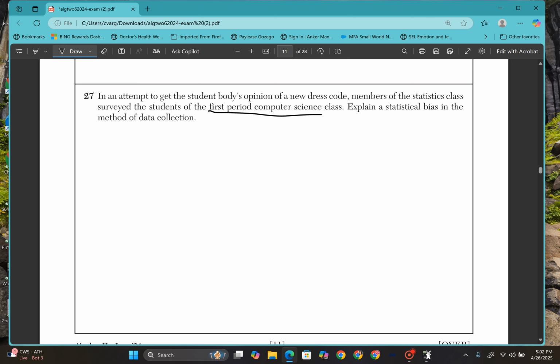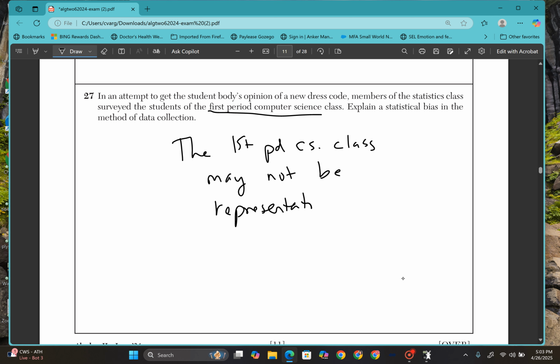Even though they want the entire student body, they're only asking the first period's computer science class. And so we can write: the first period comp sci class may not be representative of the entire student body, right?